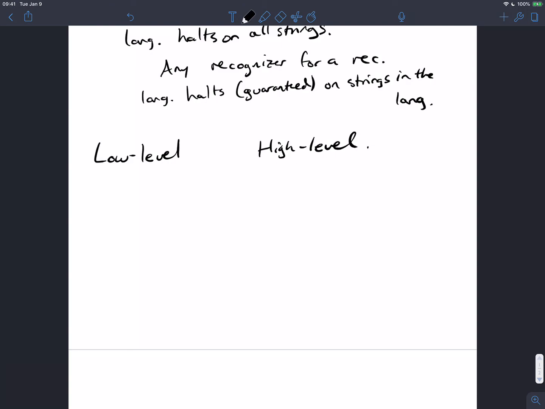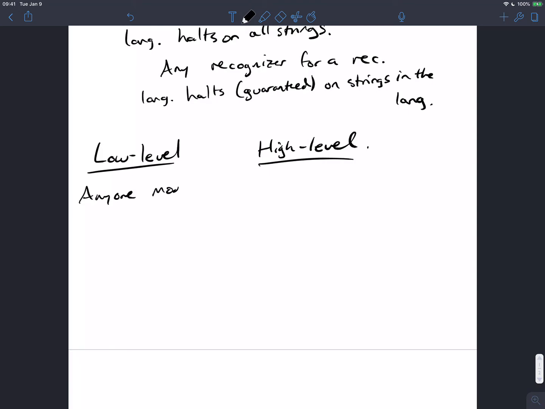So a low-level description, these are not going to be precisely defined, and the line between the two is a little blurred, and opinions may matter here. But the general idea behind a low-level description is if a moderately good person in this class looks at this low-level description, written in English, or whatever language you like, they can turn that into a state diagram.